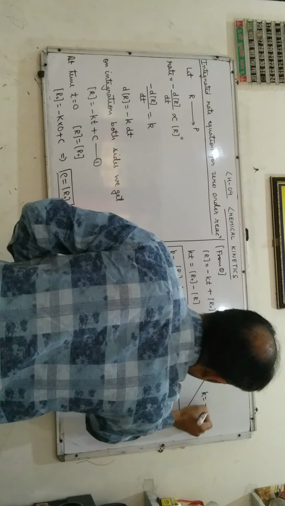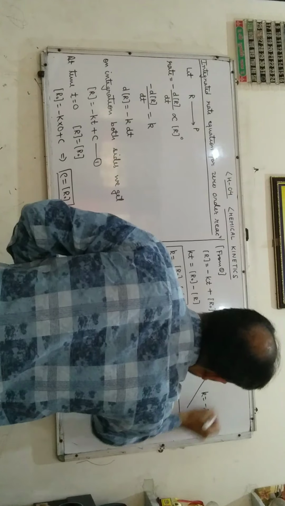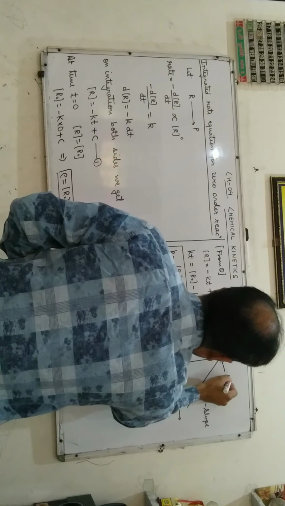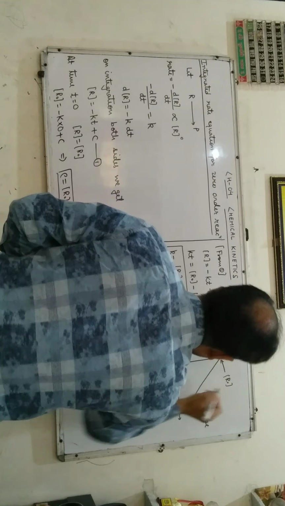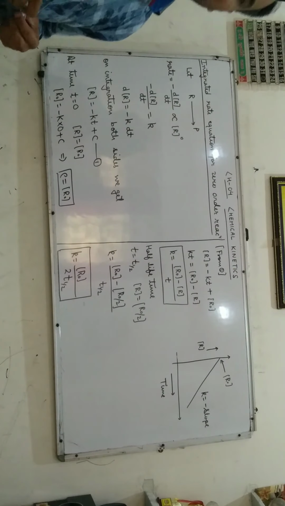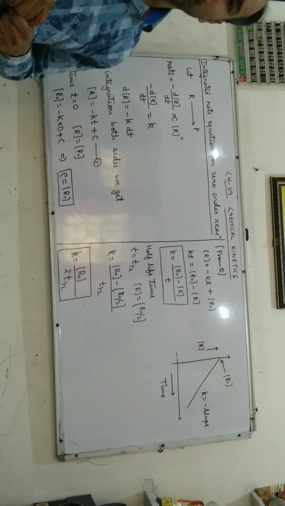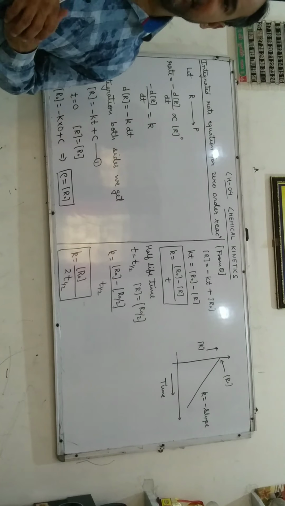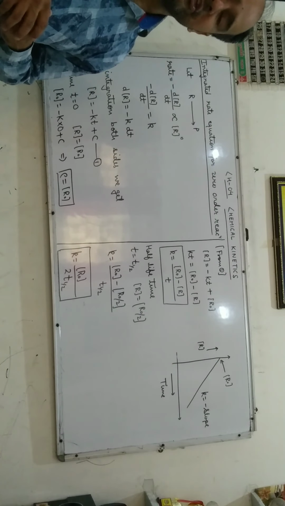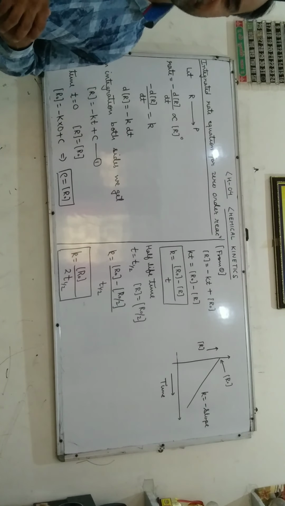So K is equal to minus slope, and the intercept indicates the value of R naught, that is the initial concentration. It should be noted that all enzyme catalyzed reactions obey zero order kinetics. Also, reactions that take place on a metal surface obey zero order kinetics.